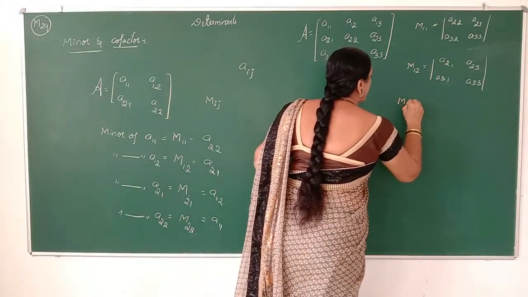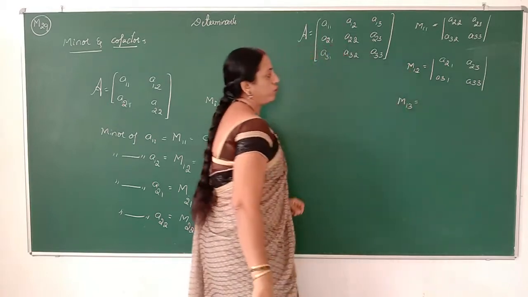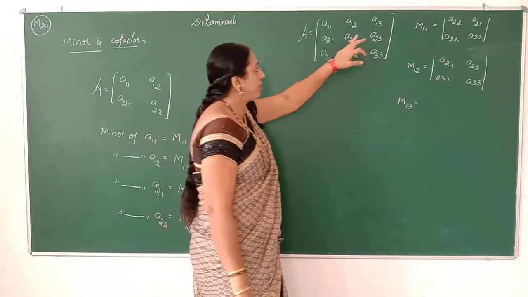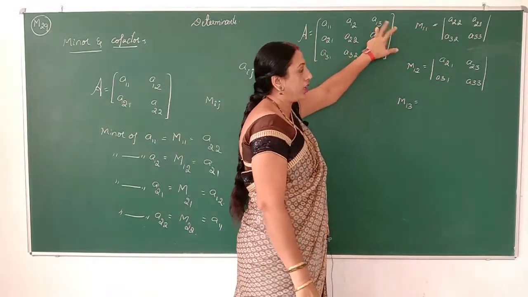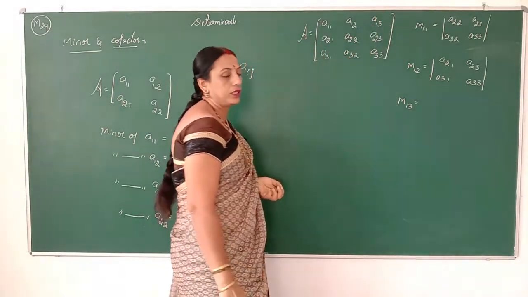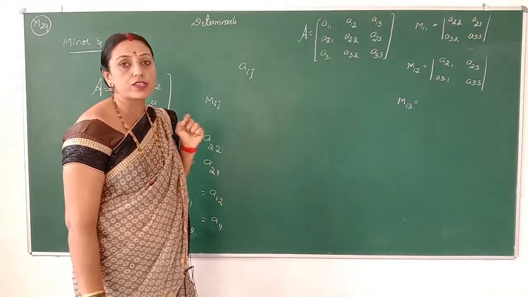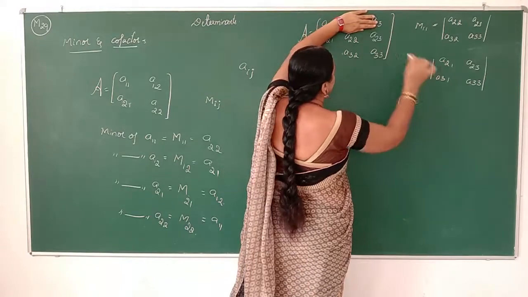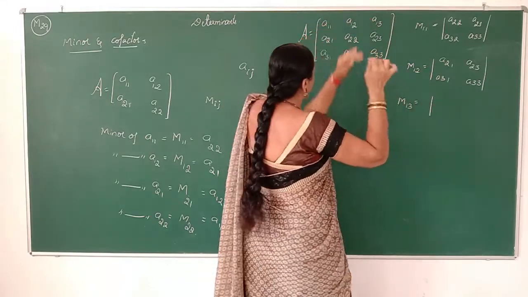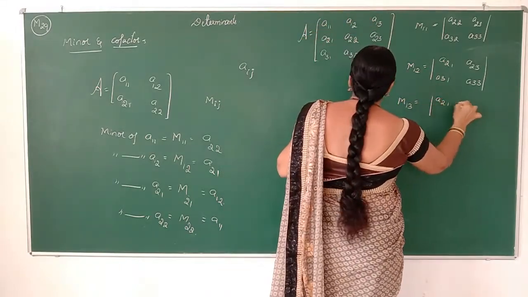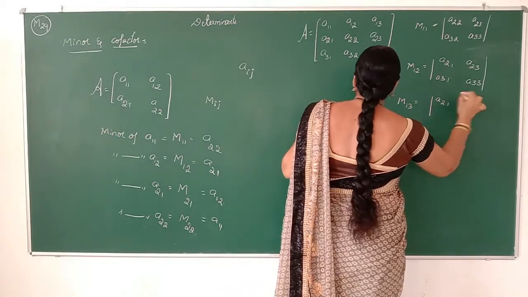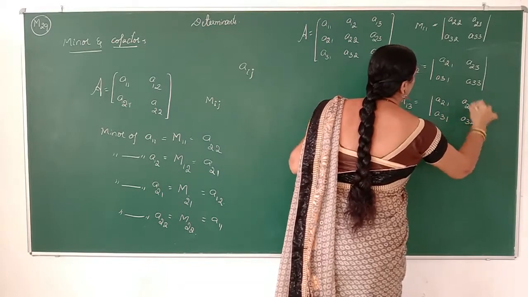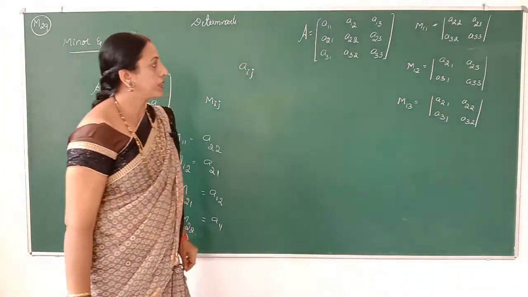Next is M13, the minor of A13. A13 is an element of the first row, third column, and these elements are neglected and the remaining elements are A21, A22, A31, A32. These form the minor of A13.